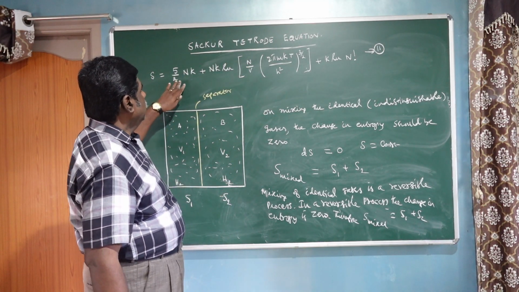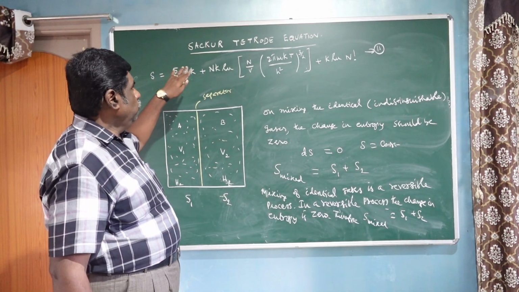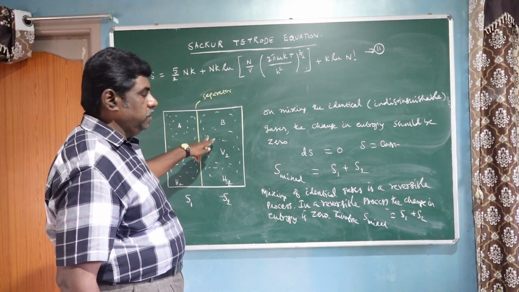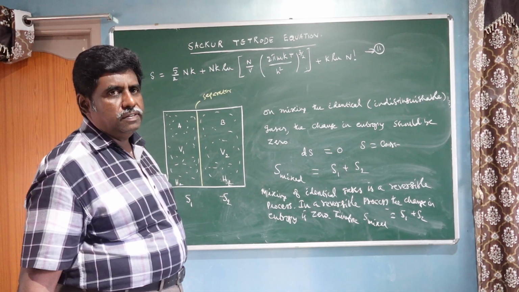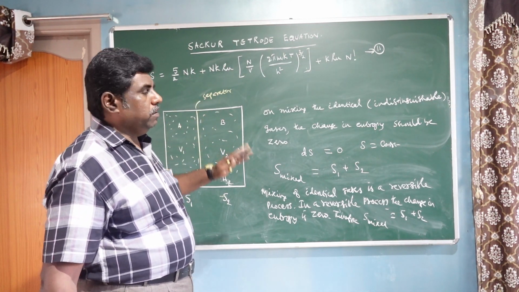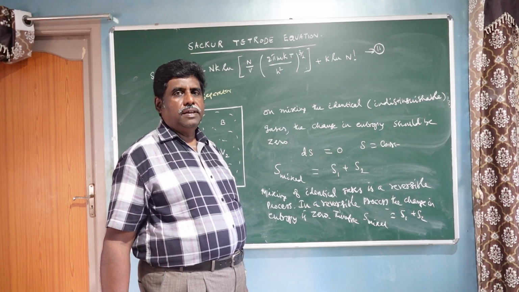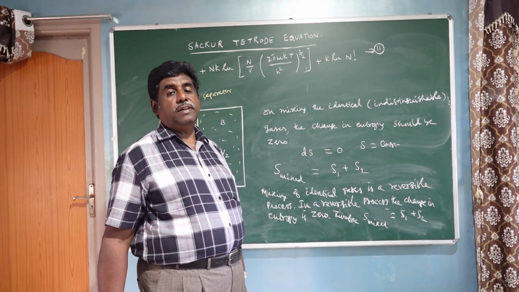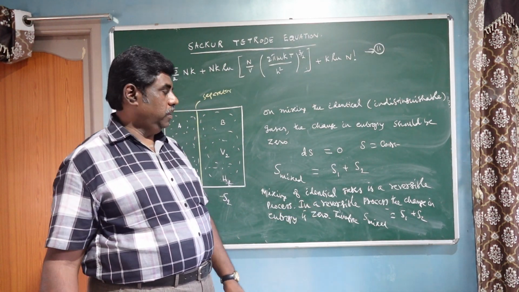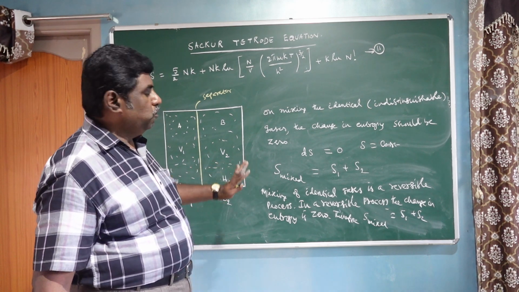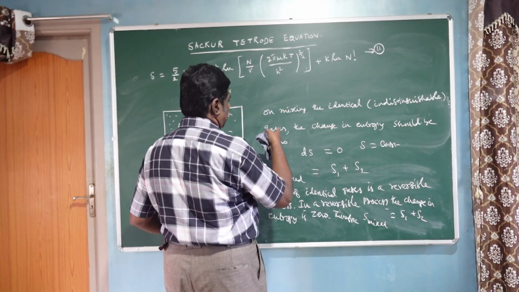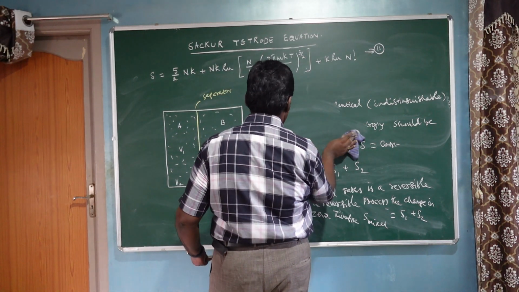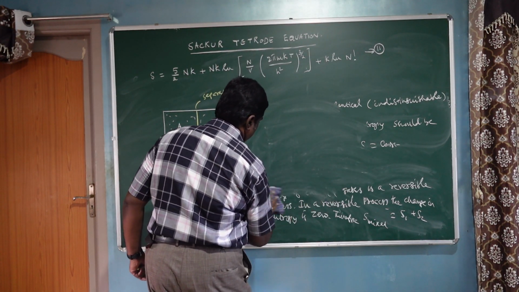Now we will come to our Tetrode equation. If you apply the Tetrode equation to this case, that means if both the compartments are filled with the same gas, the Tetrode equation shows that the entropy of the mixed state is greater than the entropy of the gases before mixing. That is a paradox. This is our quantum statistics result.